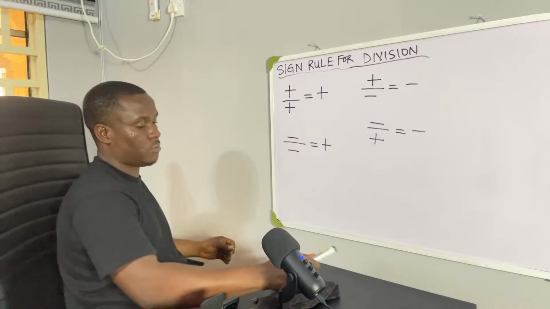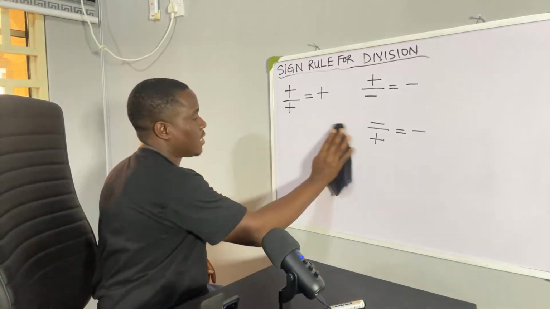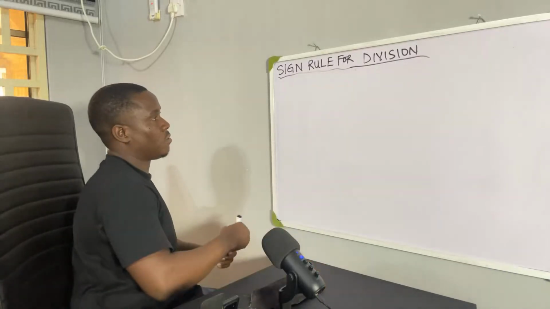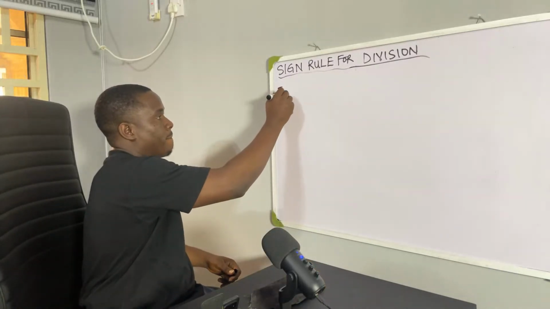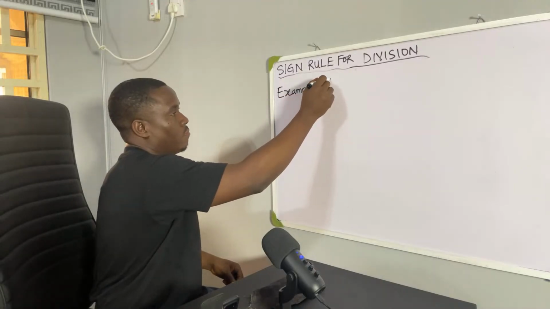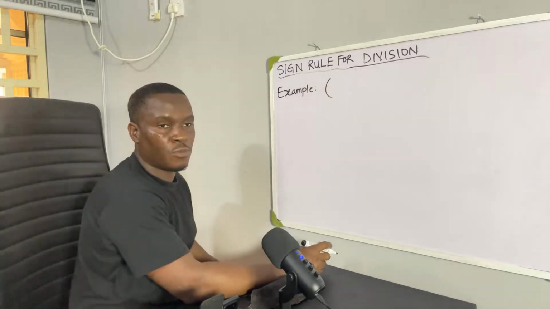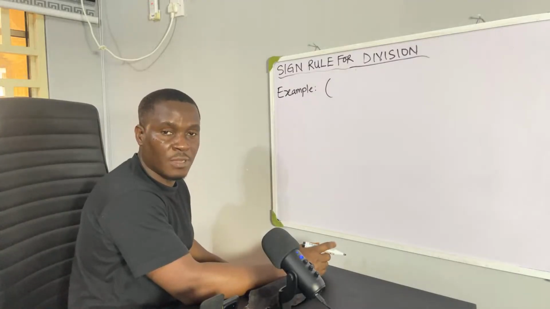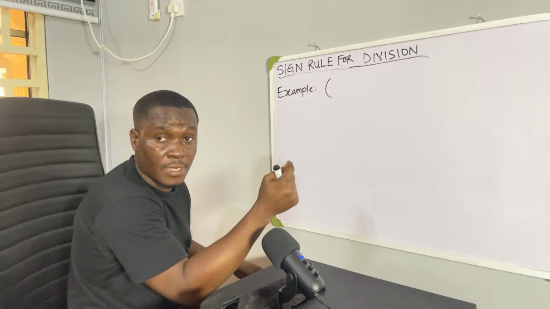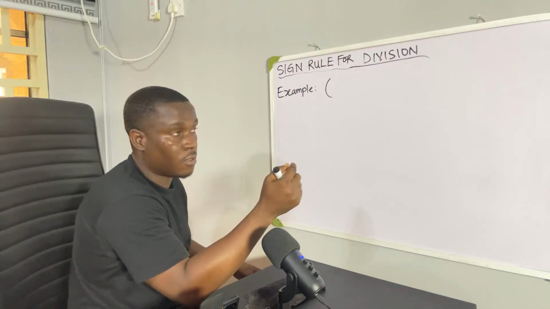Let's see an example. For the purpose of separating the values, I'm going to put them in parentheses. This parenthesis does not mean I'm multiplying.